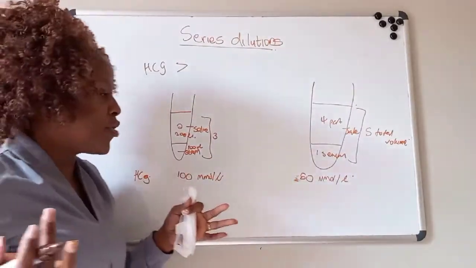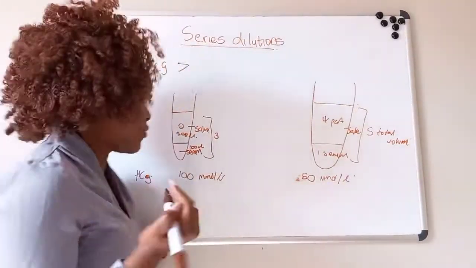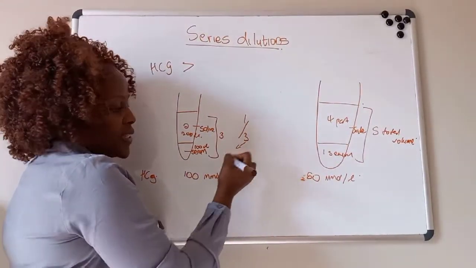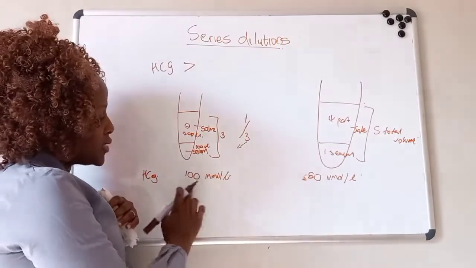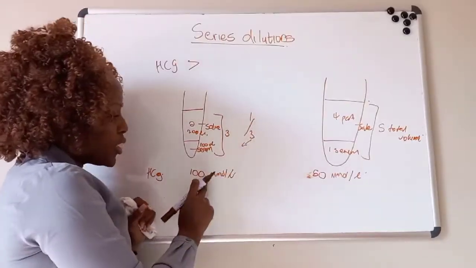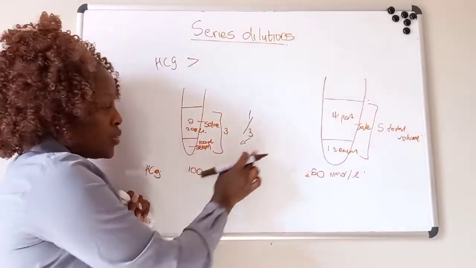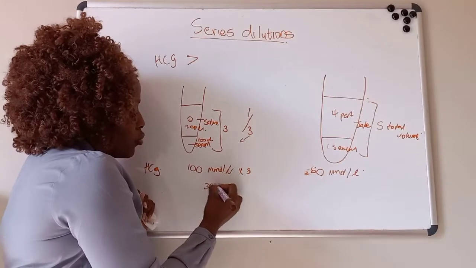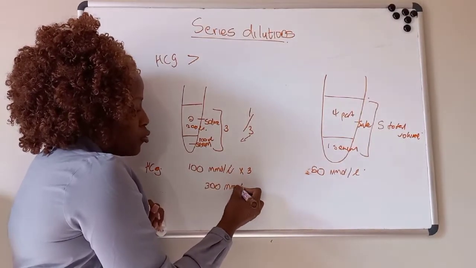So in the previous video we did talk about a dilution factor. This one is a 1 in 3, so it means the dilution factor is 3. You have to multiply the result with the dilution factor. So in this case it's 100 multiplied by 3, which gives you 300 millimoles per liter.